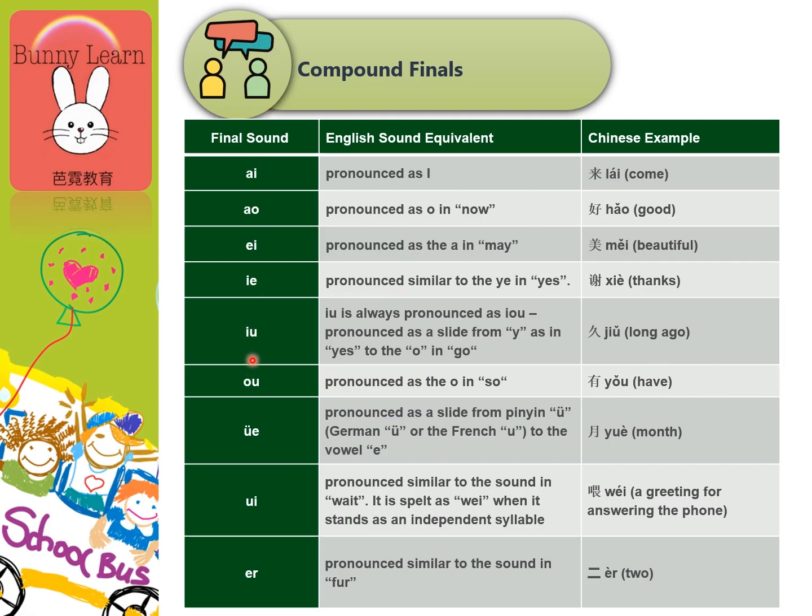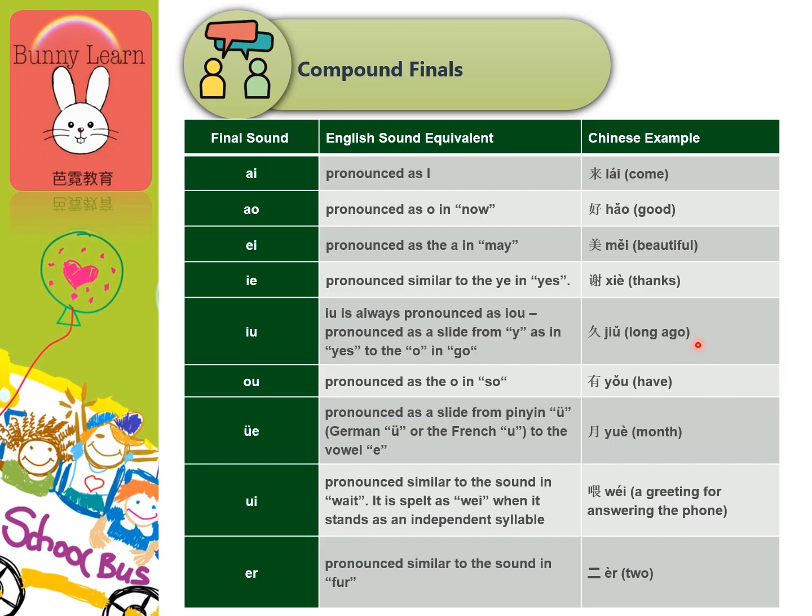Iu. In English, it sounds like if you take the Y in the word yes and the O in the word go. So in yes, you have ye, and in go, you have O, and then you just combine those and you get you.